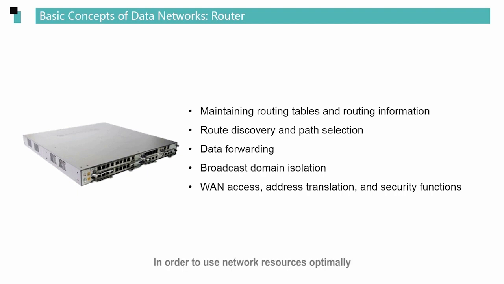In order to use network resources optimally, routers must determine the optimal path to the destination address. Routers also have many other functions, such as modular boards, WAN access, network address translation, NAT, and security features. Externally, a router typically has fewer interfaces than the switch.